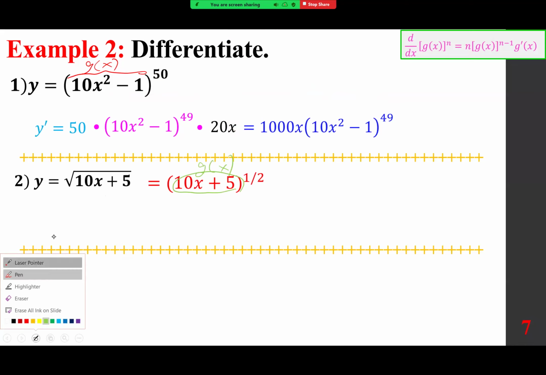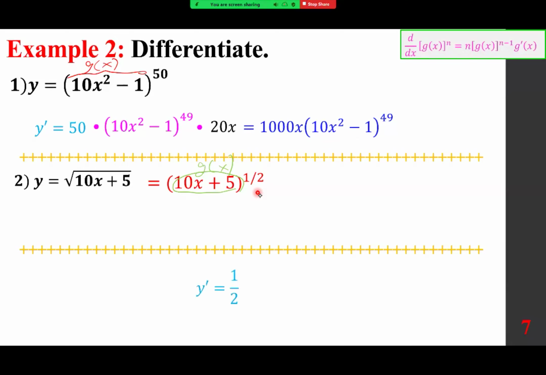Again, if I'm differentiating, I'm going to write the formula from memory, and I'm going to follow that. So according to this, I need n, or 1/2, the exponent, and then g to the power of n, so 10x plus 5 to the power of 1/2 minus 1. 1/2 minus 1 results in negative 1/2. And then the derivative of the inside, according to the chain rule, makes it 10.